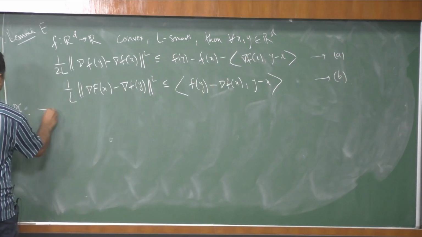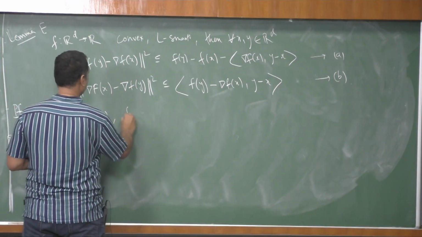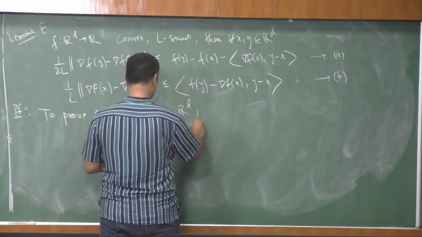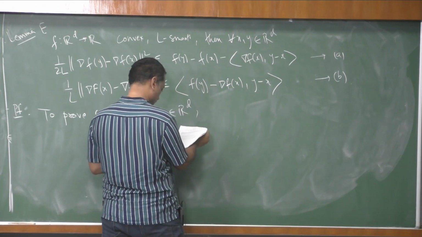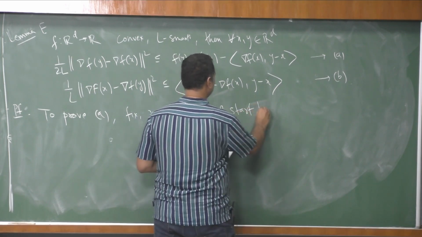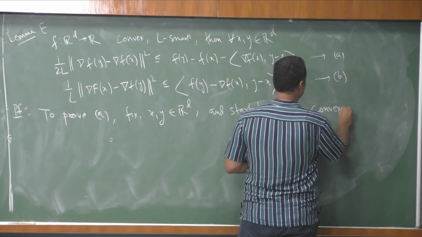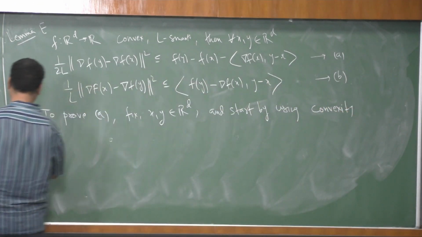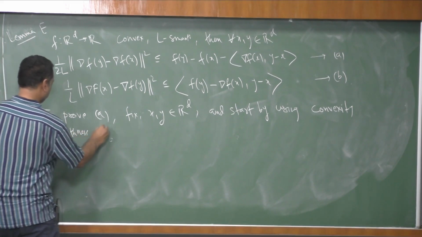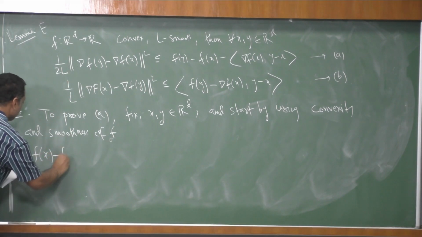So to prove a, fix x, y in Rd and start by using convexity and smoothness of f. Then we have Fx minus Fy.